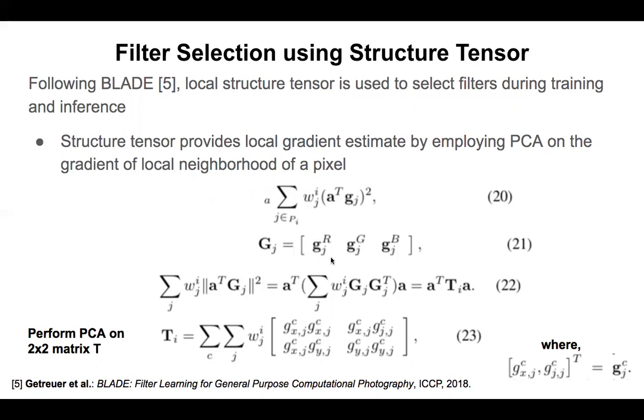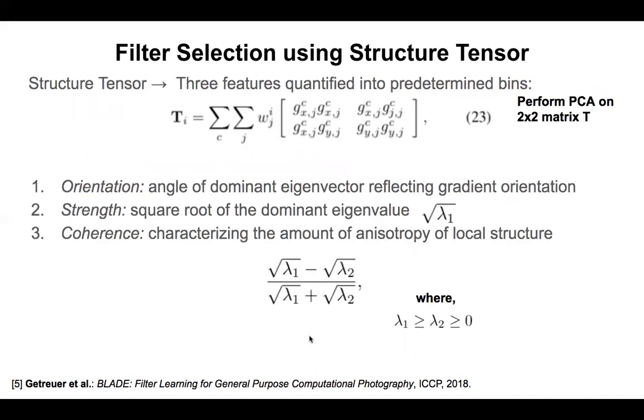So we are going to essentially get the weighted gradient for each of the color channels, and this is going to formulate our 2x2 matrix Ti for each pixel i, and then we are going to run our Eigen analysis or PCA based on this 2x2 Ti matrix.